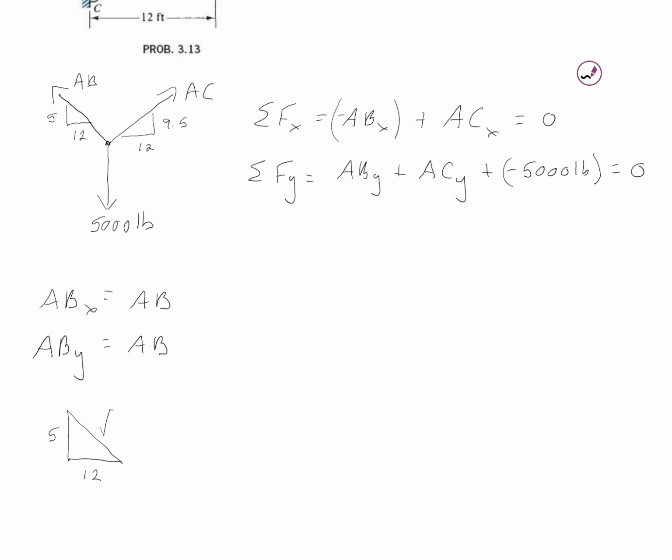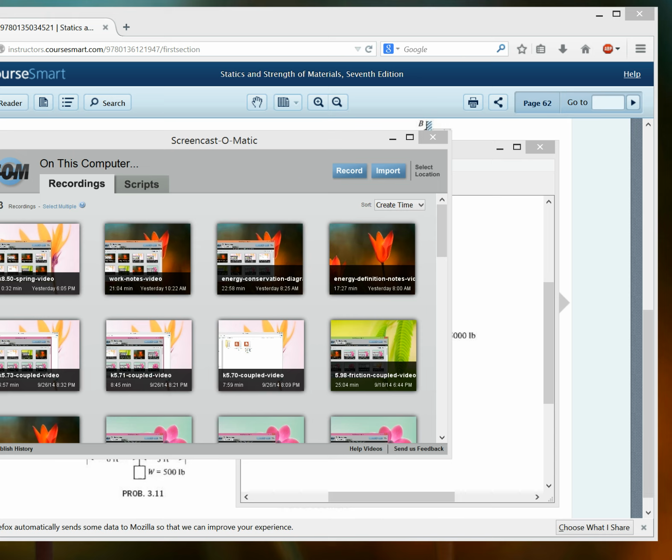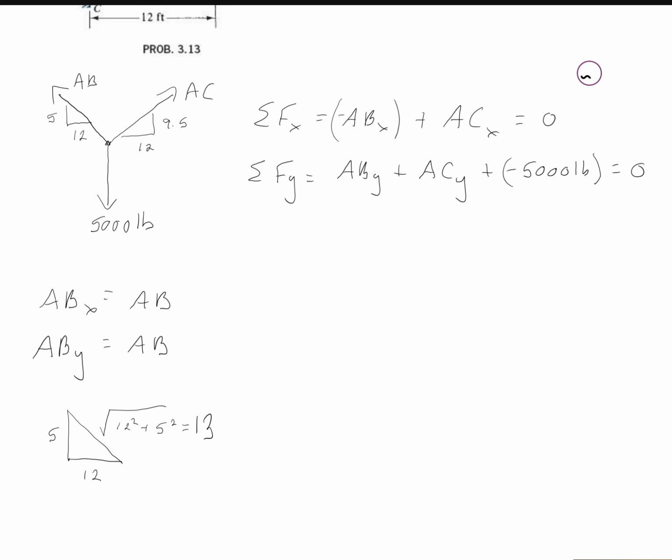And so this side will be the square root of 12 squared plus 5 squared. Alright, that gives us 13. That means 13 is my whole, so out of 13 the x is 12, and out of 13 the y is a 5.